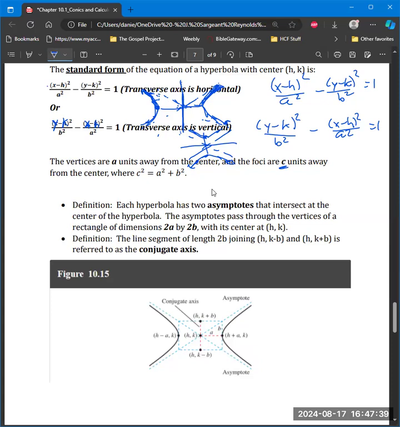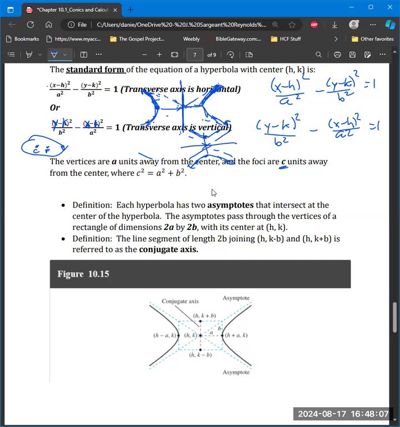In an ellipse, you had center, foci, vertex. In a hyperbola, you have center, that's not part of your graph, vertex, and then you have foci. Like that. And that's why it's opening towards the focus that's on the outside there.